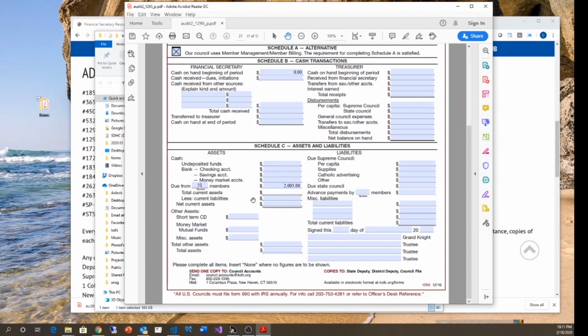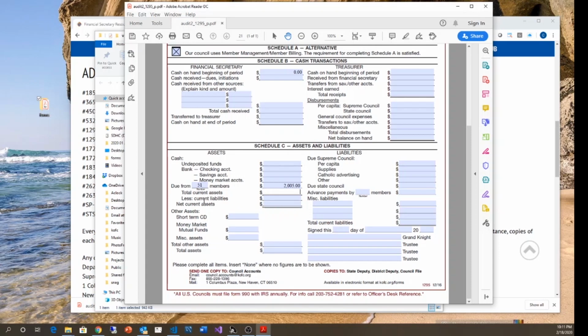Your total liabilities, or total assets and minus liabilities. So total assets would be the addition of all of this information up above, and then the total liabilities would come from this side.